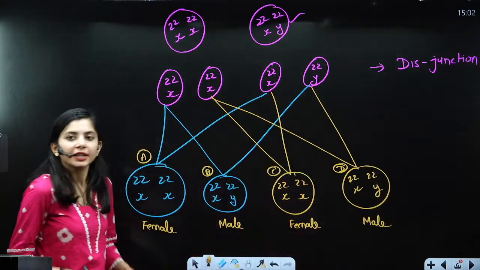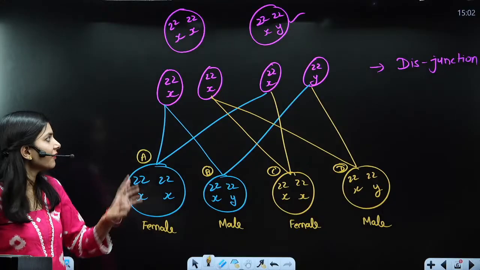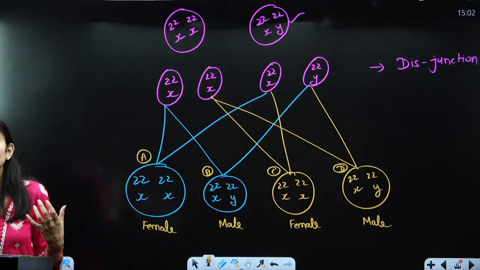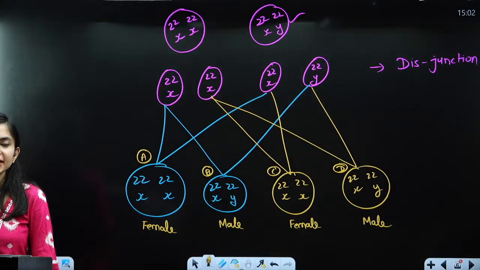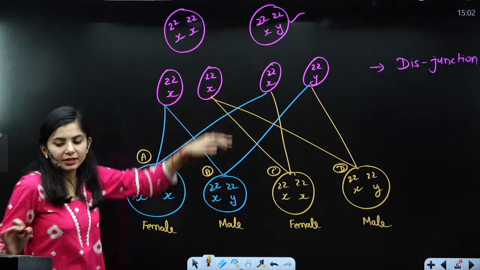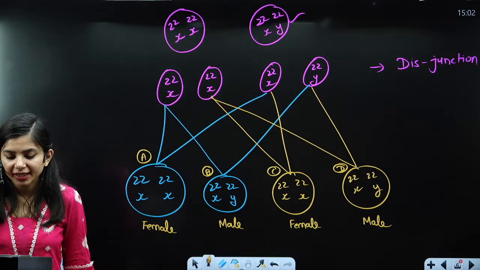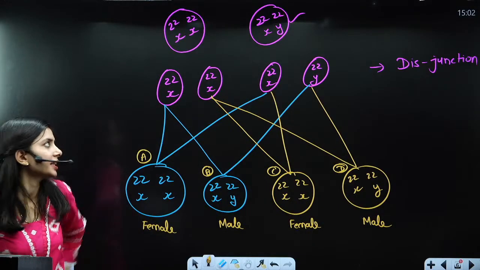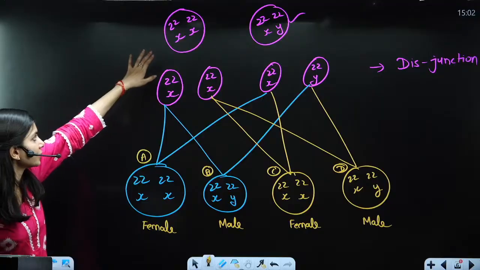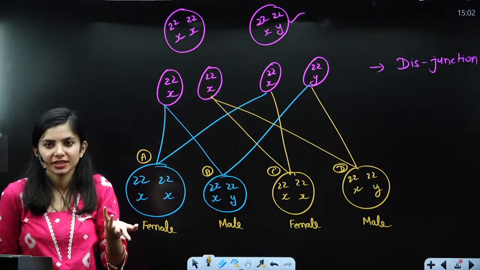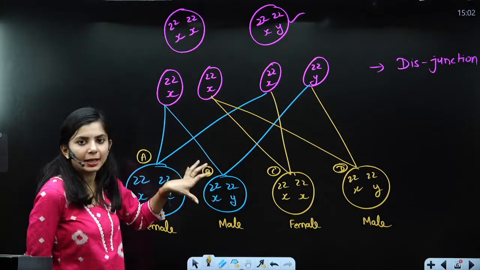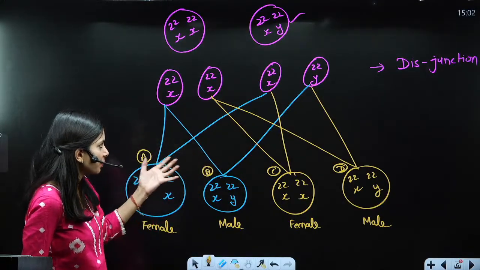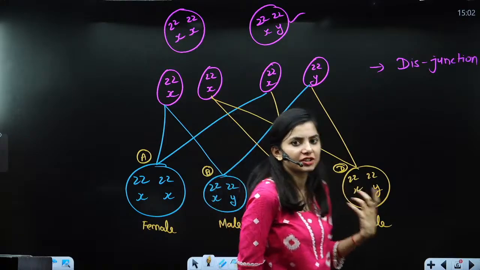It means if everything is normal, if there is disjunction, there is one process where it is specified that these gametes are specified as oogenesis, this one as oogenesis, this one as spermatogenesis. Why? Based upon the name. Now if this process is happening, on the basis of this there is some sort of disjunction.